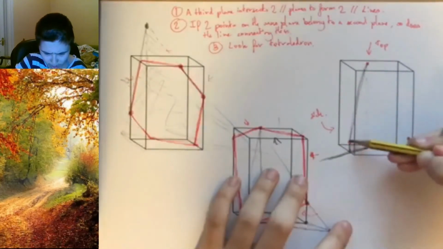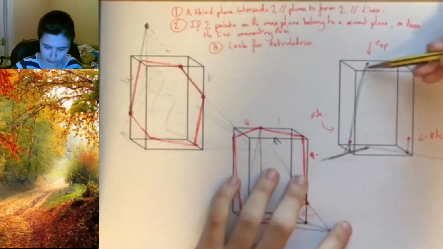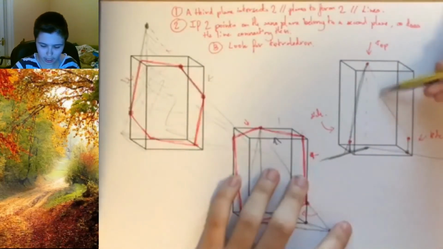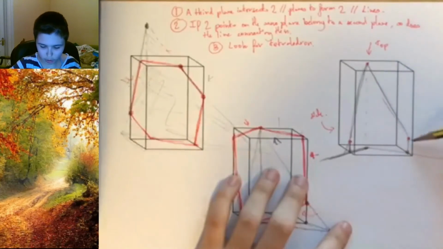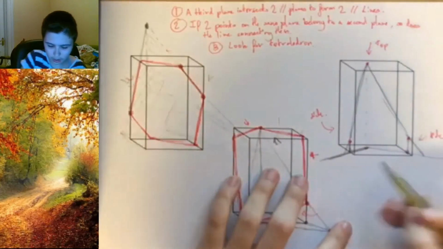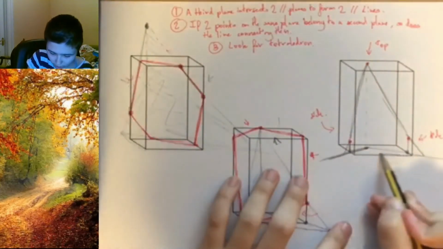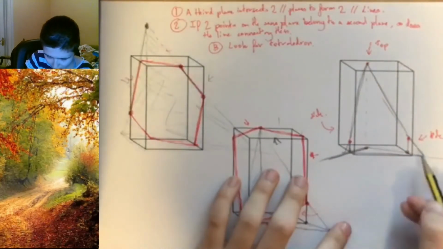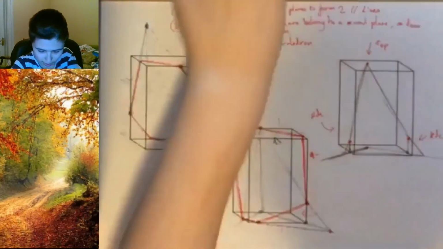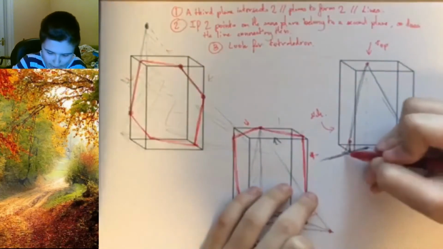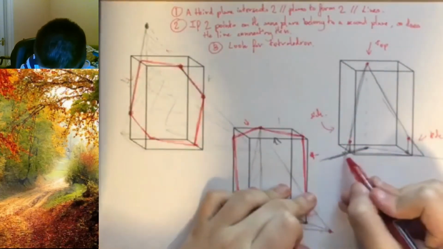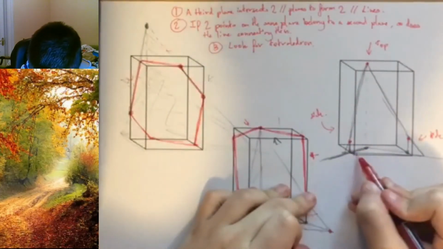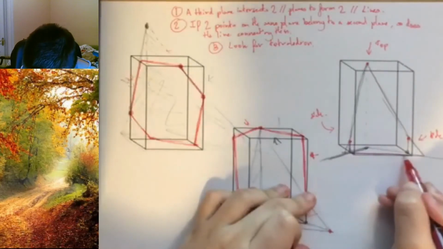Ooh, I really wish I had a ruler, but it's okay. Tetrahedron. Okay, so we have our weird tetrahedron thing, and once again, the plane of it intersects the bottom plane roughly here, I'd say.